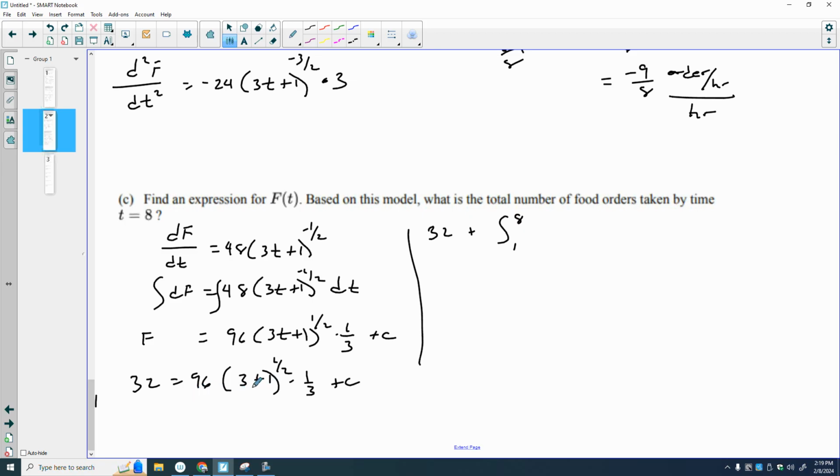This is 4. Square rooted gives me a 2. And 32 times 2 is 64. So c, subtracting 64, c is a negative 32.